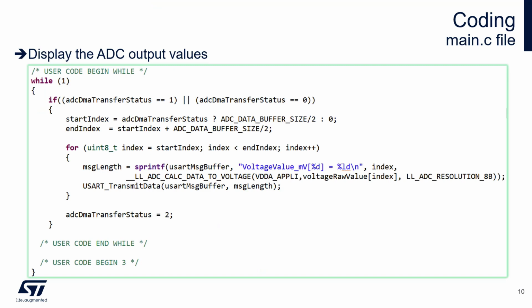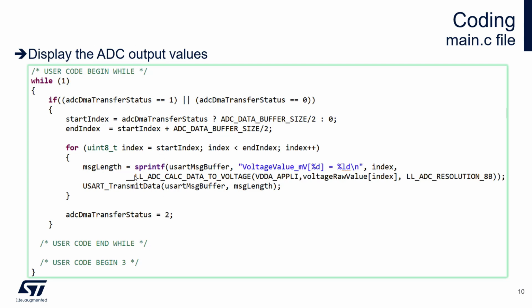To display the ADC output value, we will base on the state of the variable we defined in our callback functions. If the variable state is related to a DMA transfer complete or a half transfer, we will prepare a buffer in which we will store the message to display on the terminal, and we will then set the variable to its initial value.